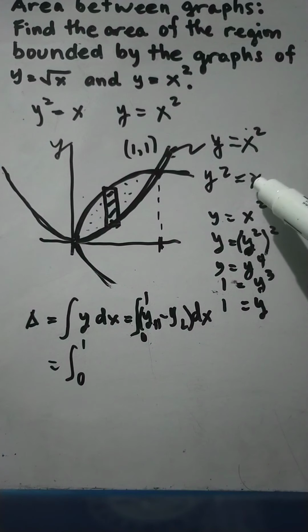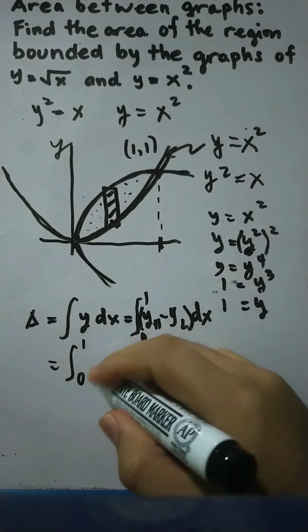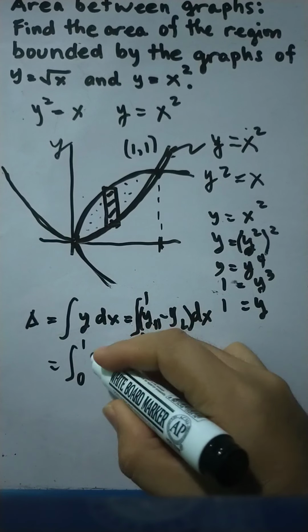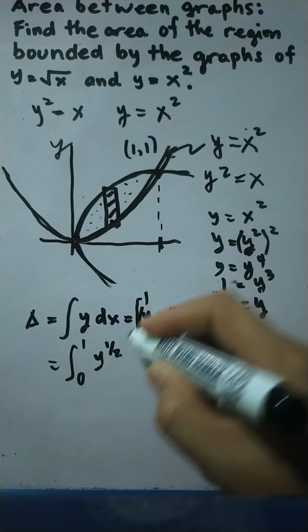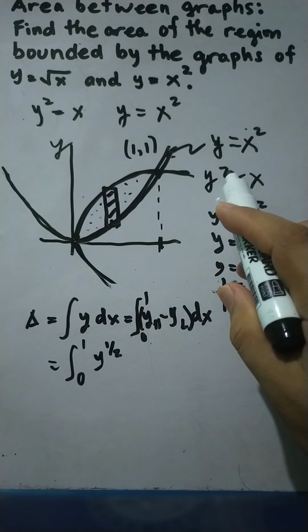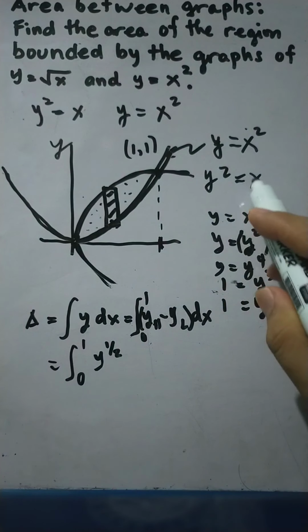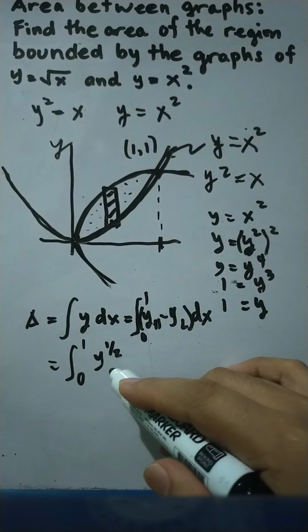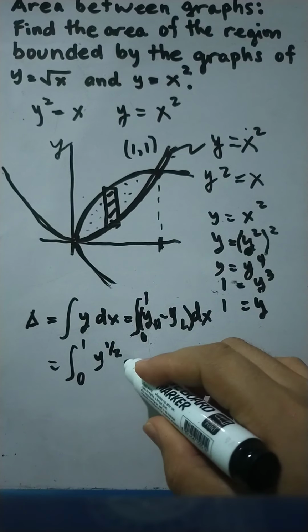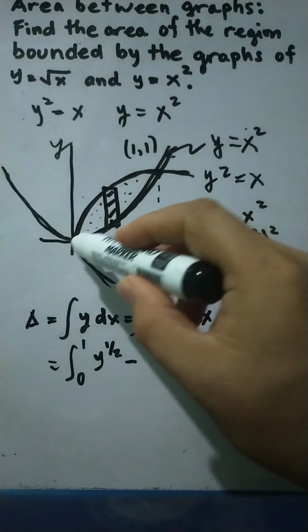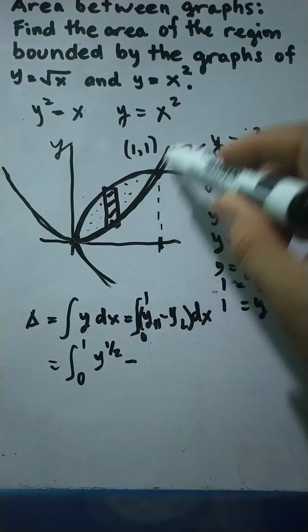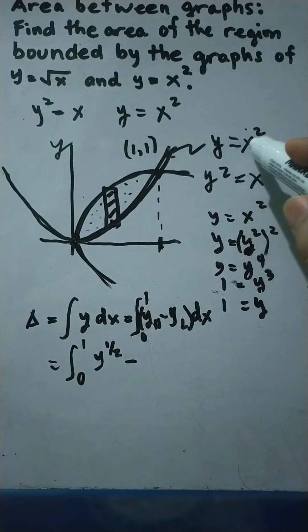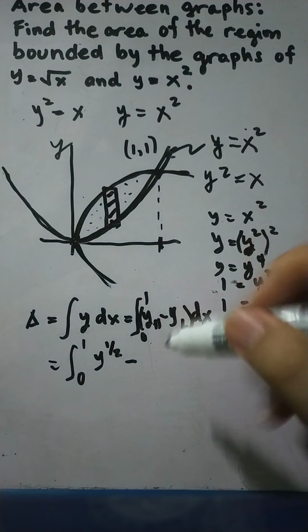Y equals the square root of x, so y equals x raised to 1/2. That is your y high, minus your y low, which is the y value of this graph, equivalent to x squared.